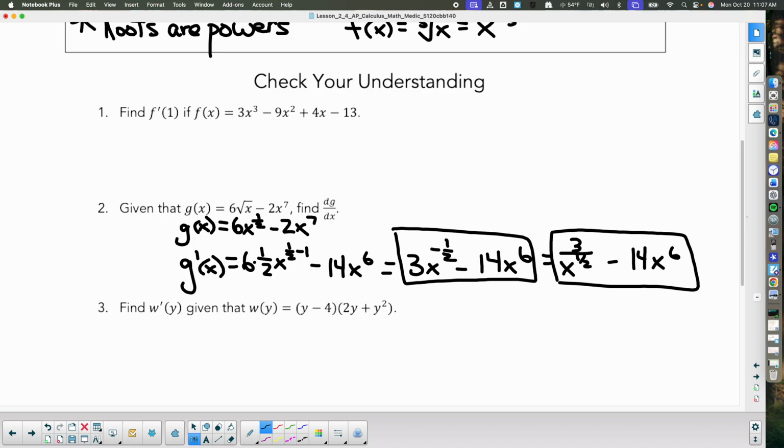But just know that on our tests, if it's a free response question, this is perfectly acceptable. On the AP test for free response, this is perfectly correct and acceptable. But for multiple choice, they will always write it with a positive exponent.